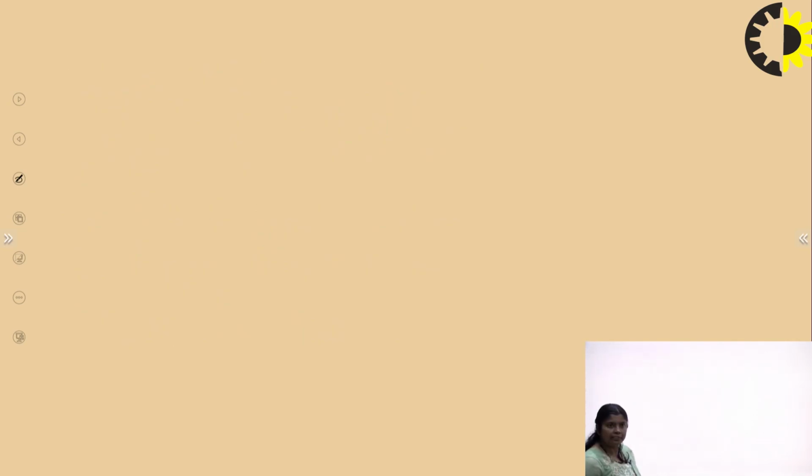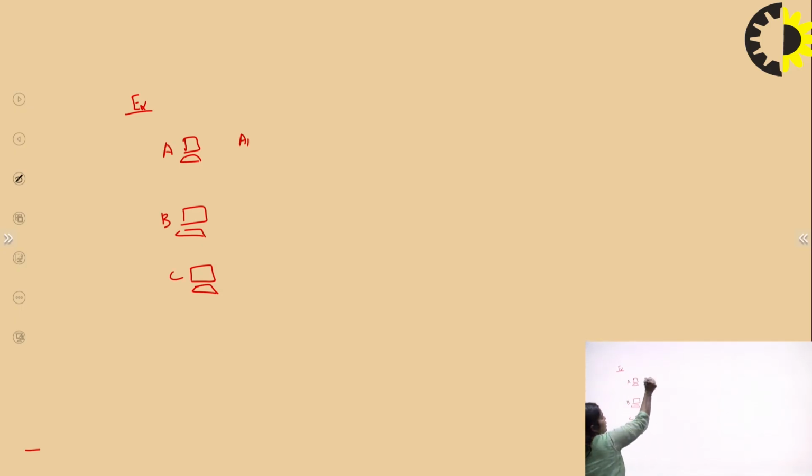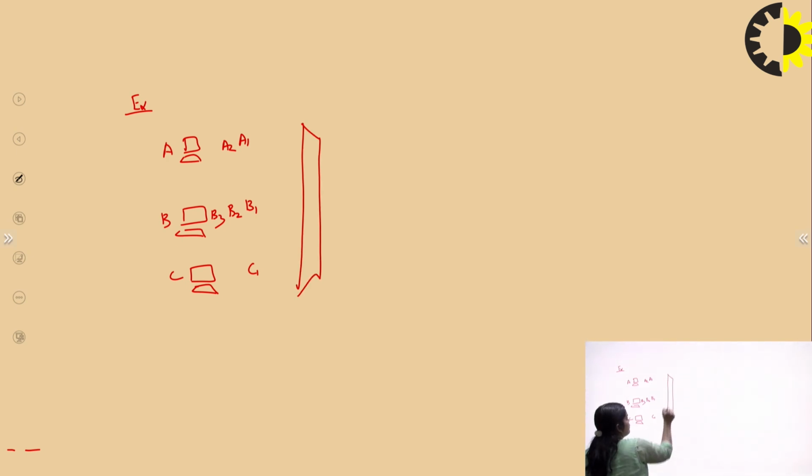So in the statistical TDM, see a simple example. Suppose there are 3 stations, fine. These 3 stations are generating different frames: A1, A2, B1, B2, B3 and C1. There is a multiplexer and the channel.